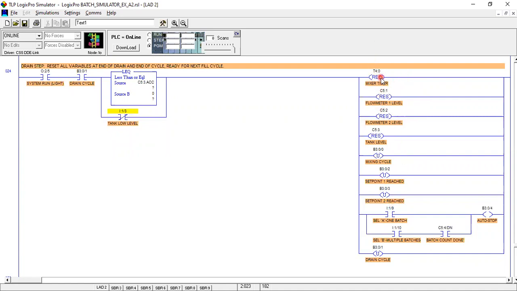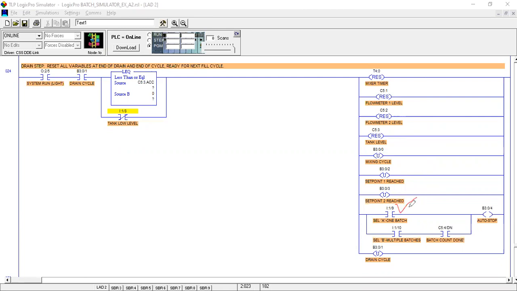Reset output for our mixer time, reset output for our flow meter 1, reset output for our flow meter 2, reset instruction for tank level, and the unlatch instruction for our mixing cycle, and the set point 1 unlatch instruction, and unlatch instruction for set point 2.